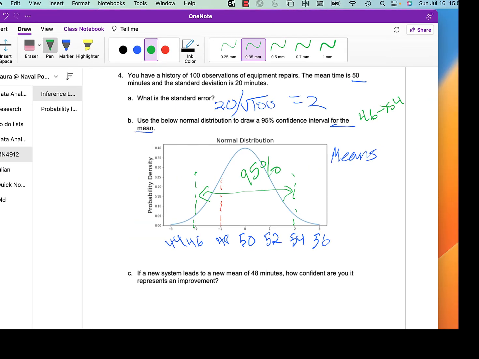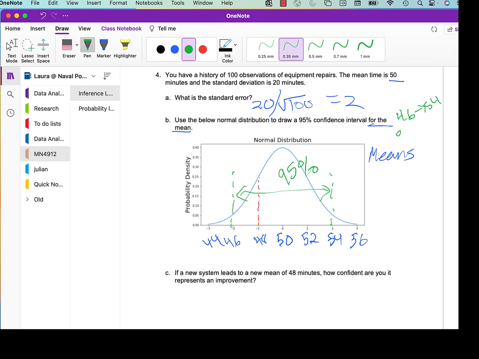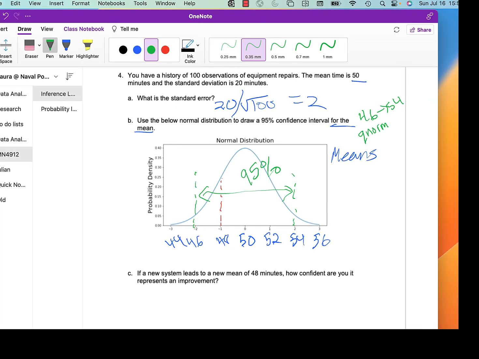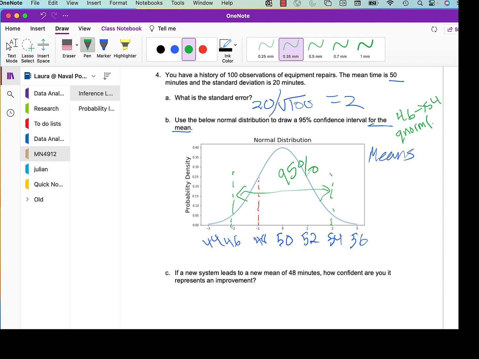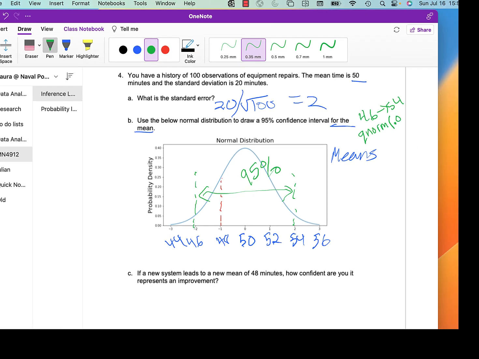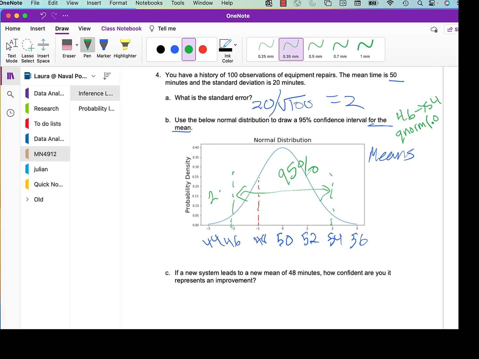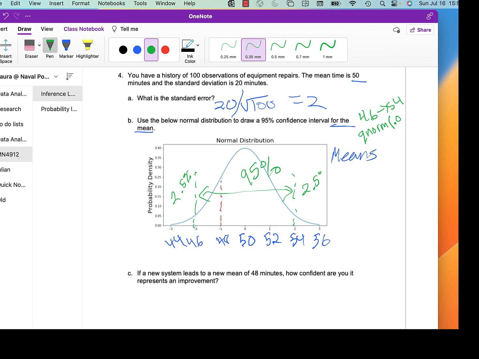If you use the R function qnorm, and you enter in, you would want 2.5% to be left over here, and 2.5% over here.